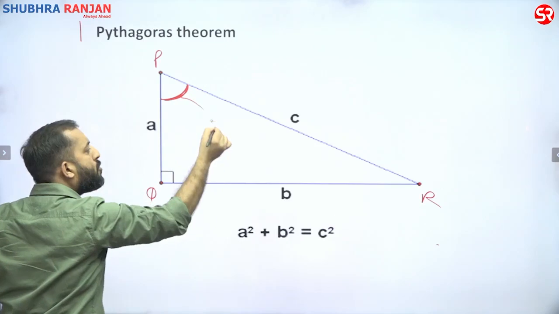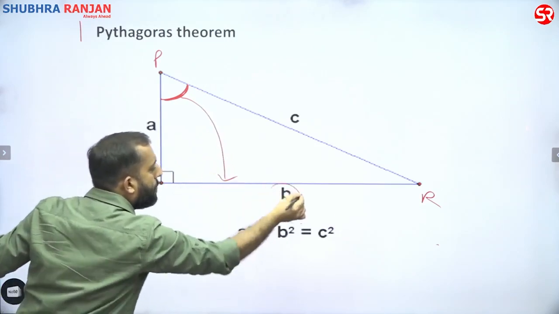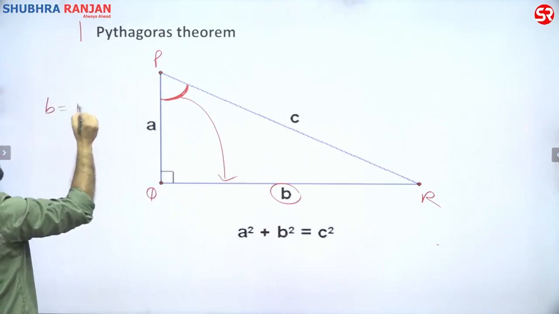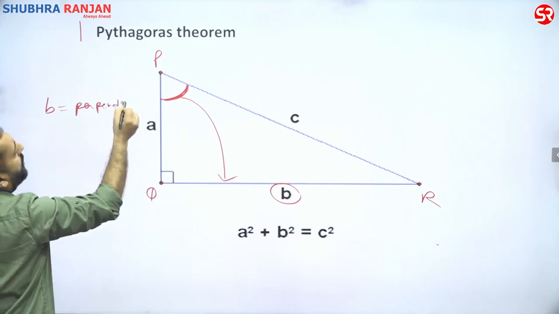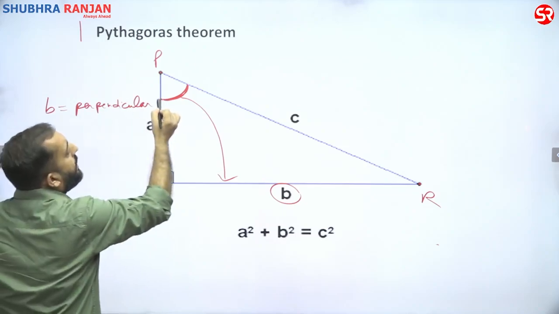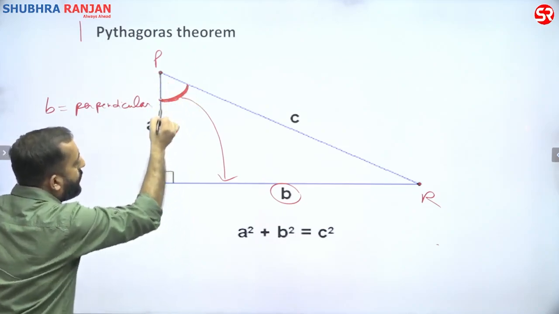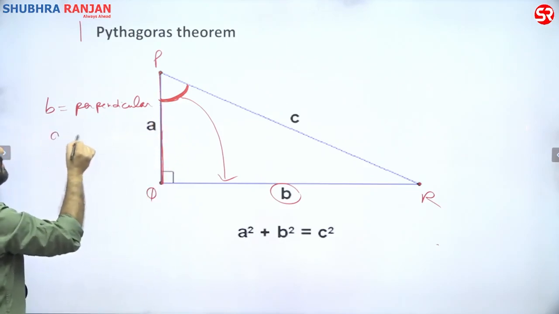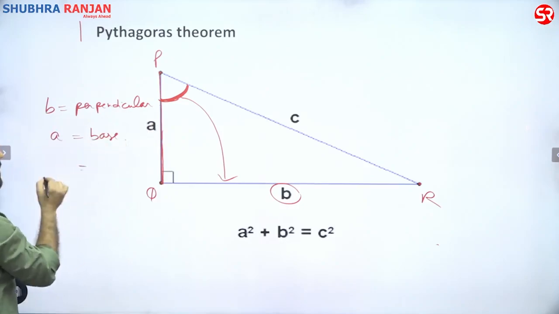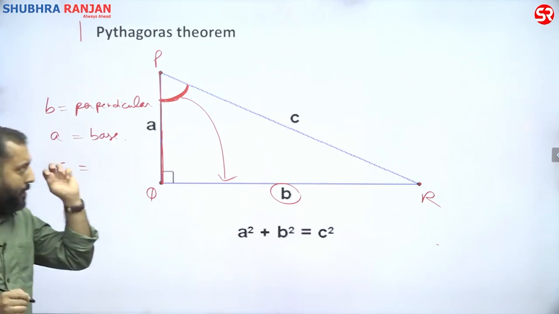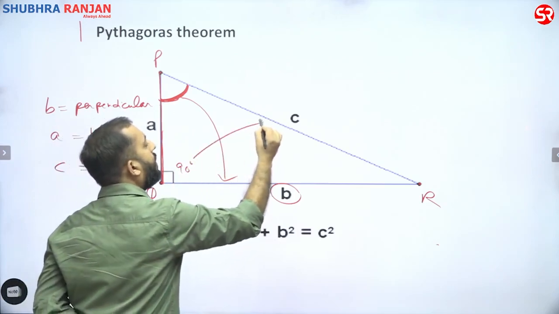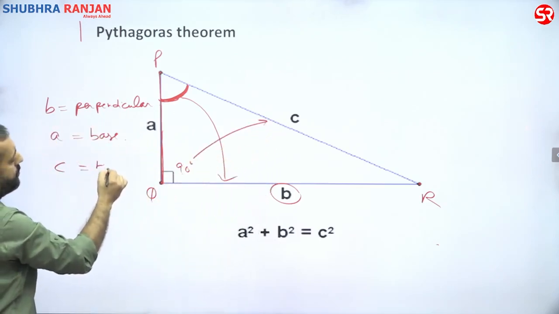Then the side opposite to this angle, which is B, will become perpendicular now. Agreed? Okay. The side adjacent to this angle, which is A, will become base now. And the remaining side, the longest side, or you can say the side opposite to 90 degrees, will be hypotenuse.